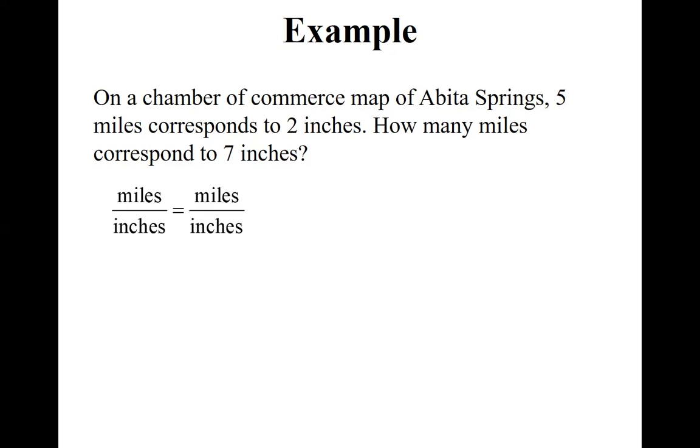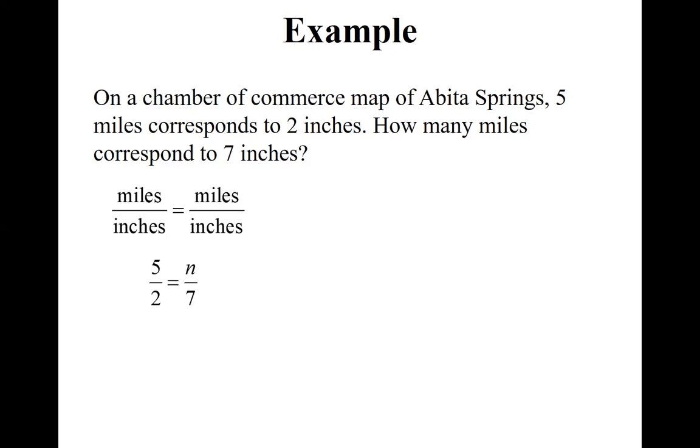So if we do miles over inches equals miles over inches as a proportion, one side would be 5/2, 5 miles to 2 inches. The other side would be n/7 or x/7, an unknown number of miles to 7 inches.